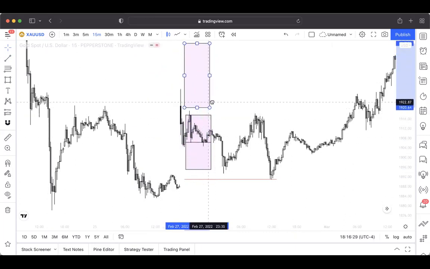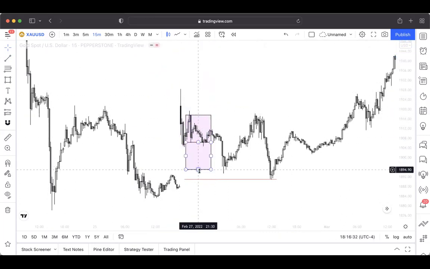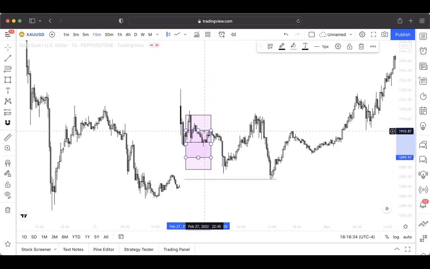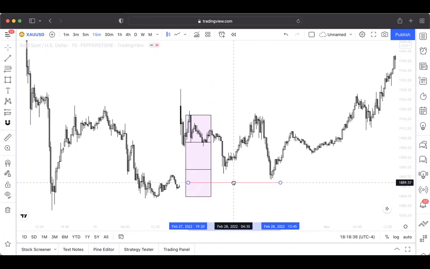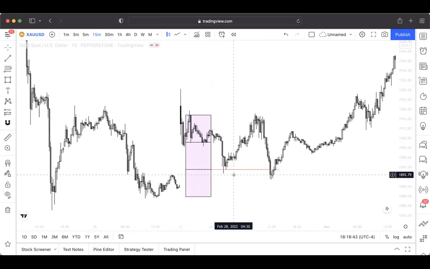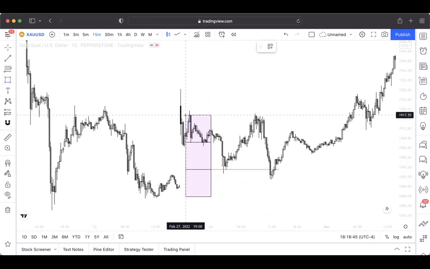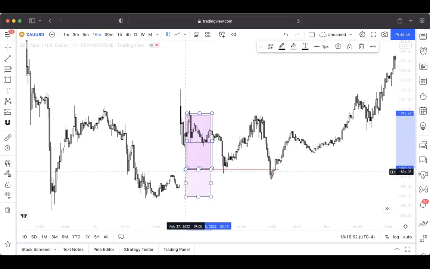But many times you can also use this one, like say, all right, it's not 1.5, it's not 2. Let's say it's going to be 1, and you're going to measure it like that. So you only go until the box itself and not the wick.